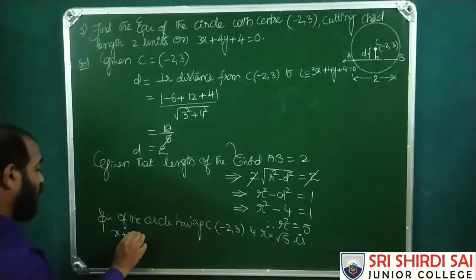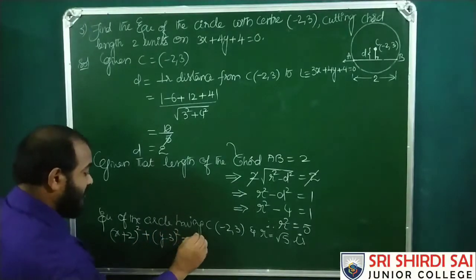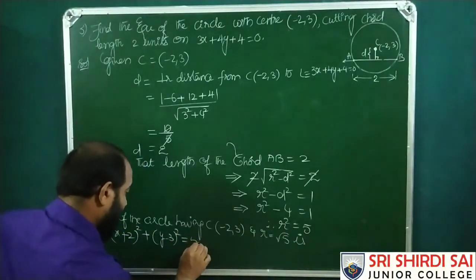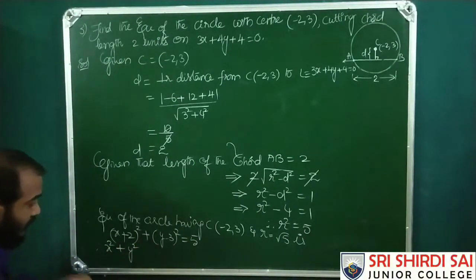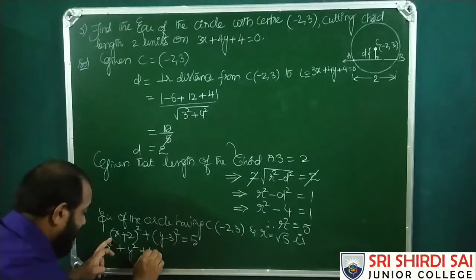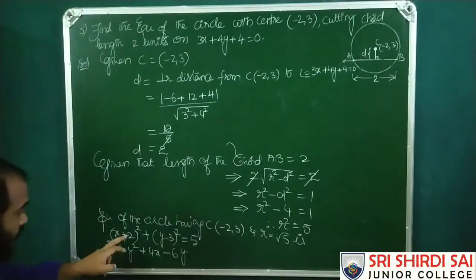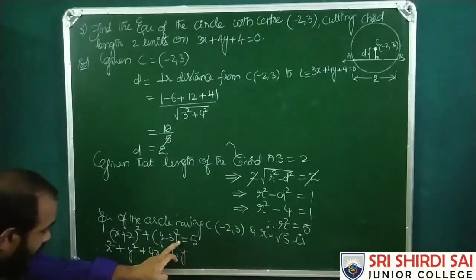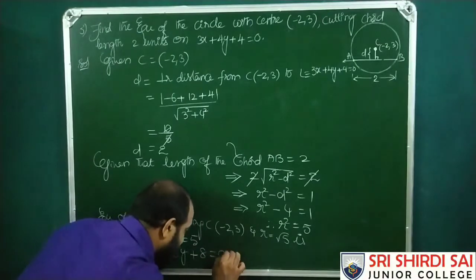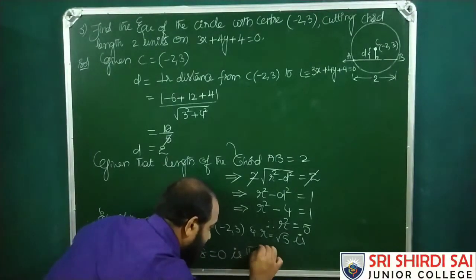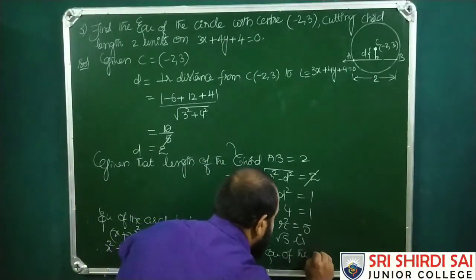So (x + 2) whole square plus (y - 3) whole square is equal to r square, which is 5. So therefore x square plus y square plus 2 2s are 4x minus 2 3s are 6y, plus 2 2s are 4, 3 3s are 9. 9 plus 4 is 13, minus 5 is 8, so x square plus y square plus 4x minus 6y plus 8 is equal to 0, the equation of the required circle.